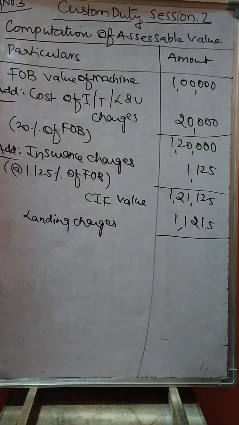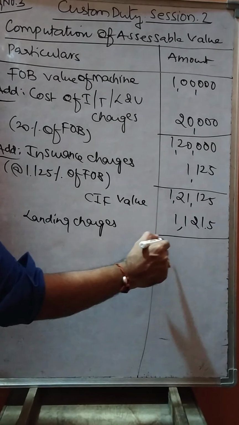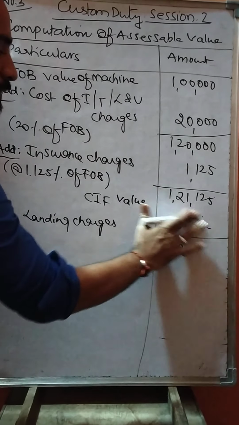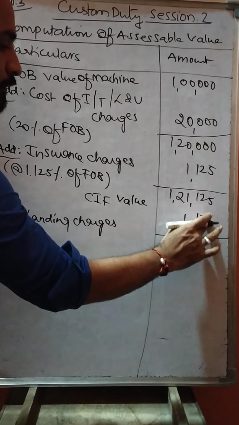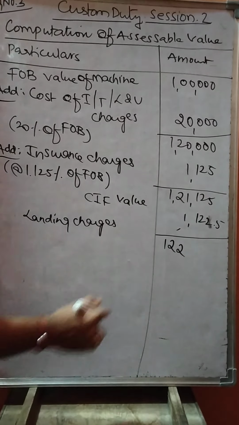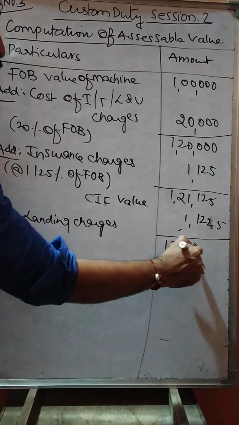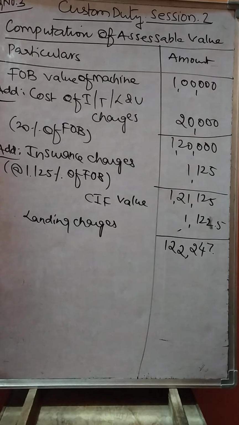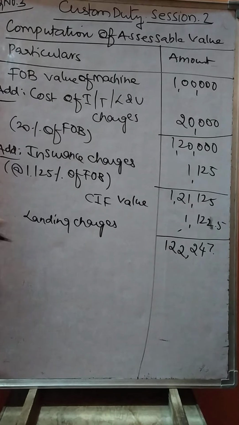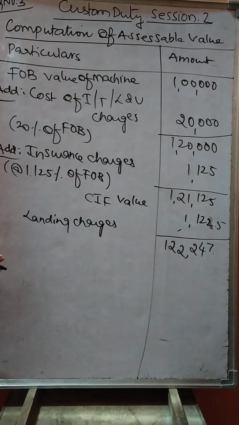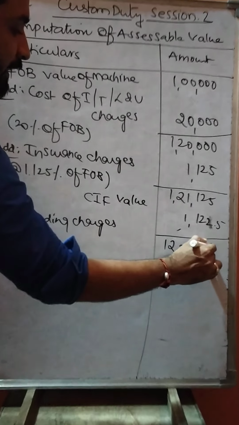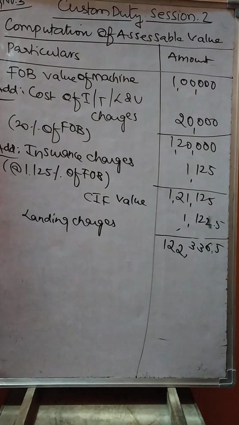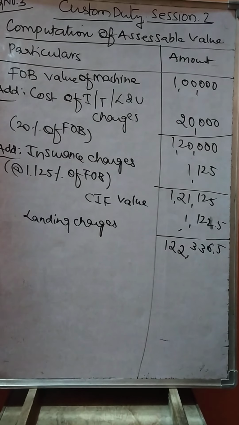So after adding this, we will arrive at 1,22,336.5. After adding this, then this is called subtotal.